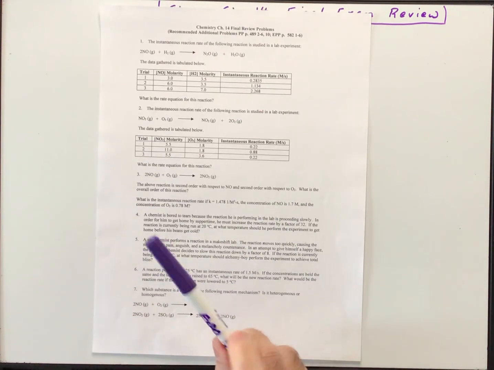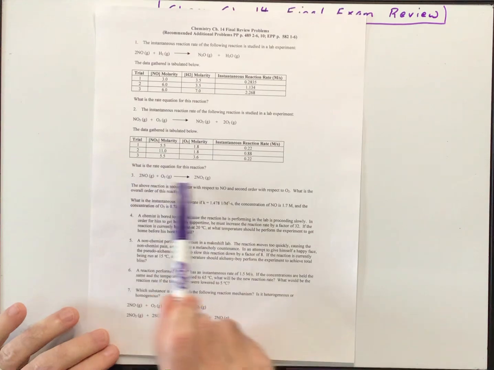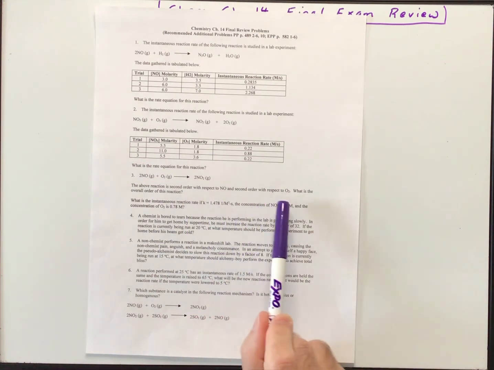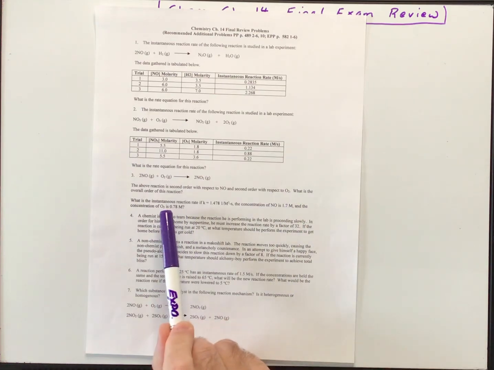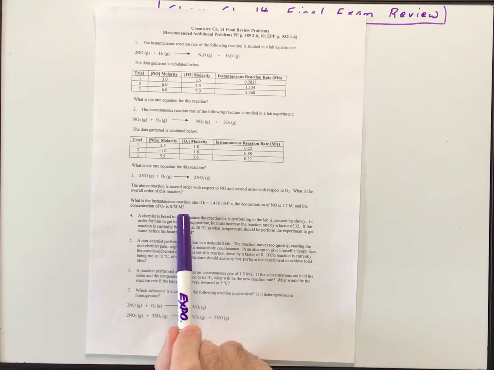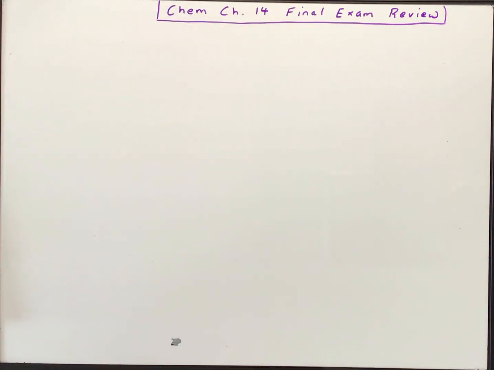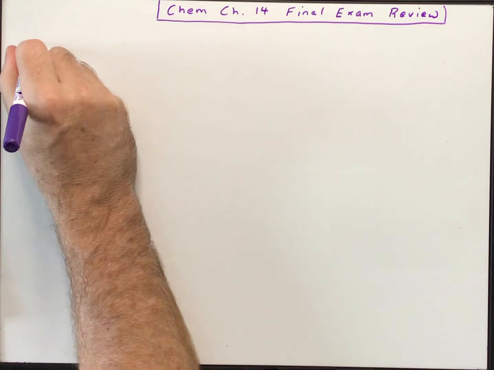All right, number 3 says, what is the rate equation? We're given this reaction. The above reaction is second order with respect to NO, second order with respect to O2. What's the overall order? And then it asks for the instantaneous rate given these numbers. So we've really got 3 parts to number 3.